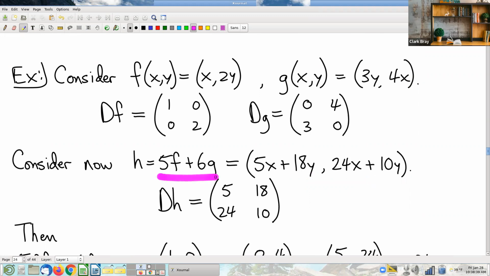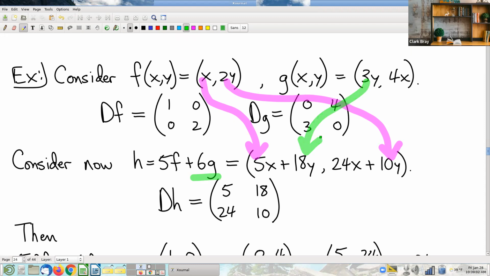Okay, so let's go slowly and carefully. What is 5f plus 6g? Okay, 5f. So I'm going to have 5 times that, and then 5 times that. And now I need 6g. So 6 times that, 6 times that.